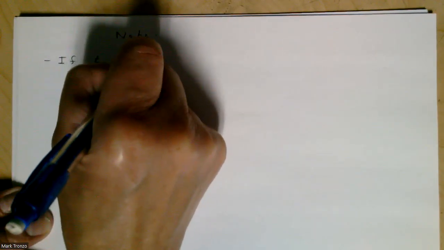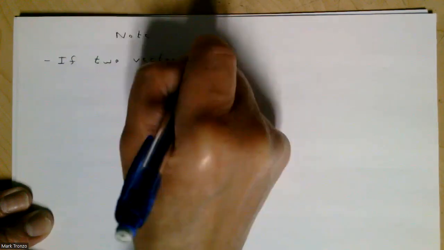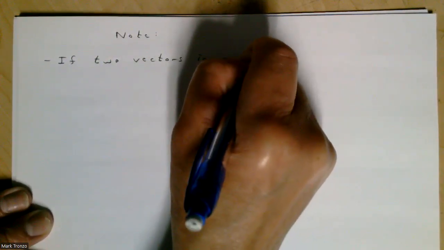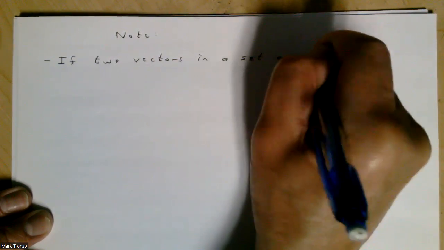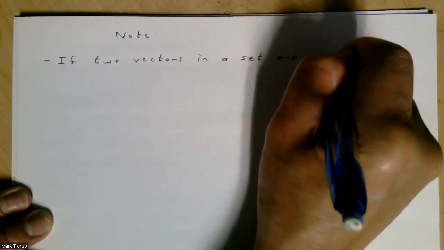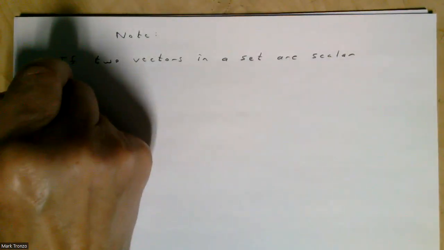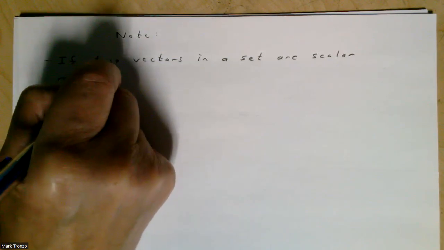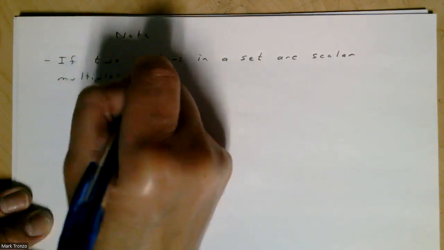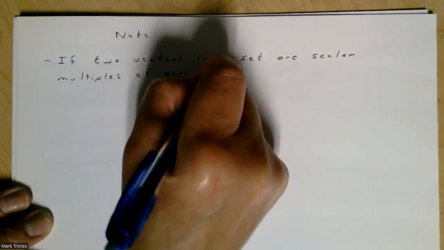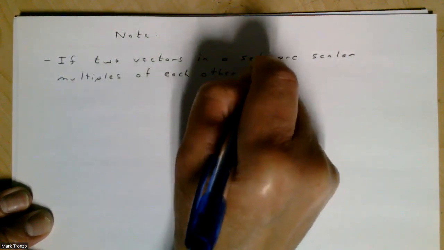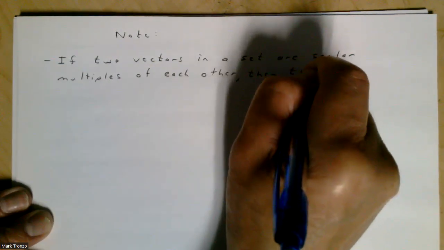So we can note several things. If any two vectors in a set are scalar multiples of each other, then the set is linearly dependent.